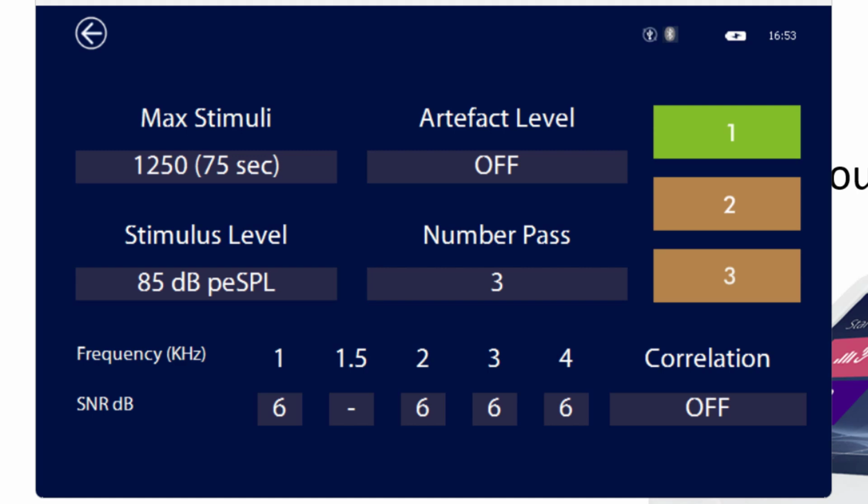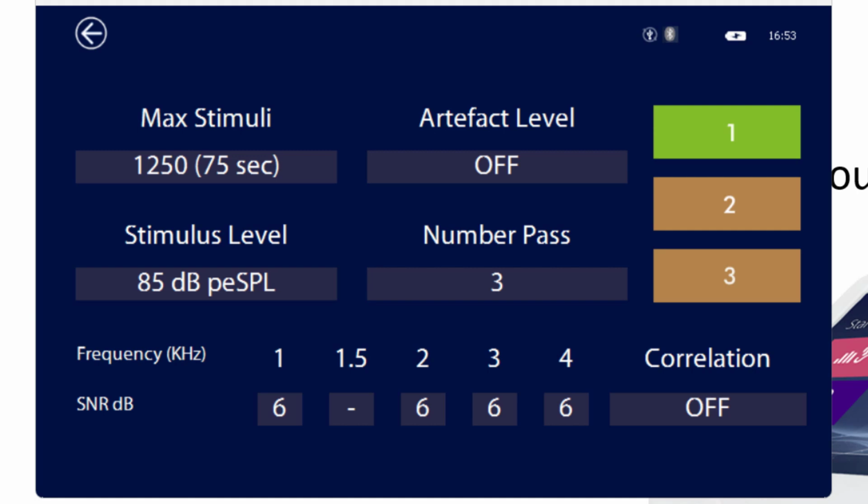Now, the artifact level, similar to DPOE, it can be at a very high level. Here we allow it to be switched off. Off means that we use a very high artifact level in the background that it almost never will kick in. It's just set to guard the boundaries of the equipment, so to say.